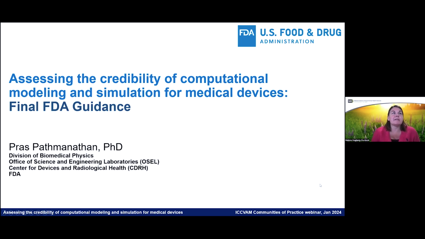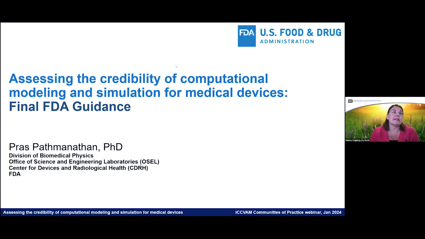Dr. Pras Padmanathan is a senior scientist at the Office of Science and Engineering Laboratories at the Regulatory Science Research Office within FDA Center for Devices and Radiological Health. His research focuses on credibility of computational models, covering the wide range of models relevant for medical devices, with particular interest in physiological models, including cardiac models.